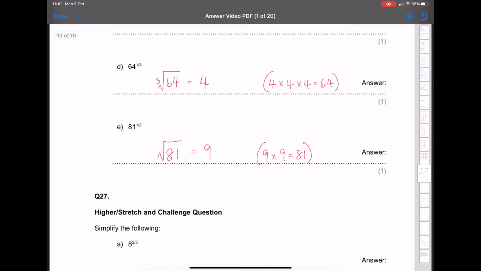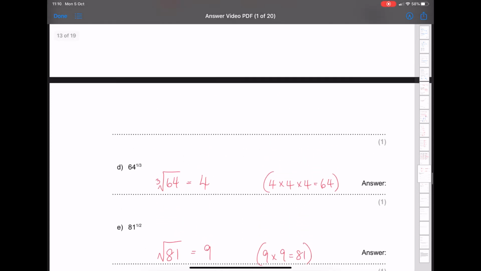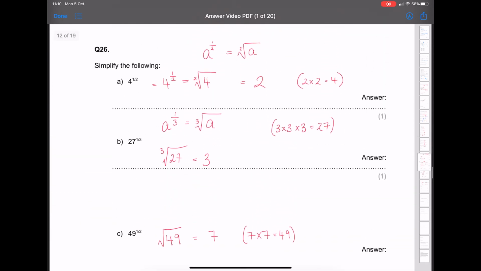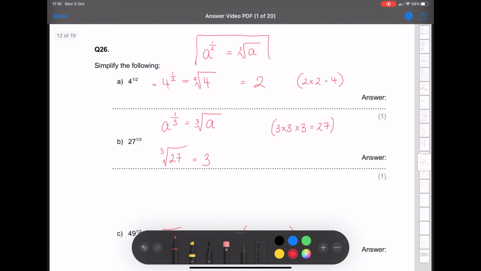Now then, the next ones were the stretching challenge questions, so I will explain these to you. However, just going back to these for a minute, you've just got to remember that this is the same, and this is the same.